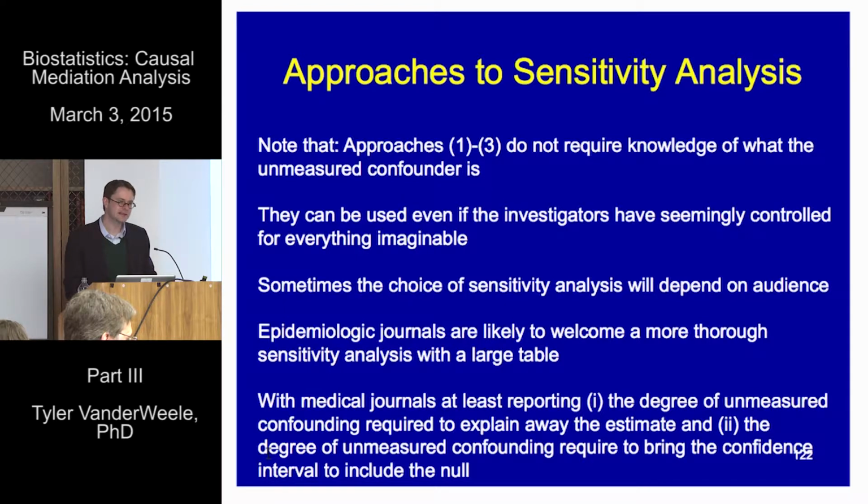I think what's often easiest to report is setting those two to be equal. So the effect on the ratio scale of the unmeasured confounder on the outcome, and the relationship between the prevalence of the unmeasured confounder and the exposure.